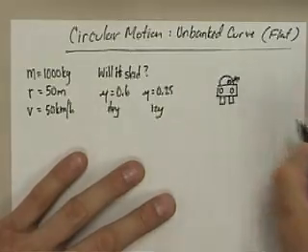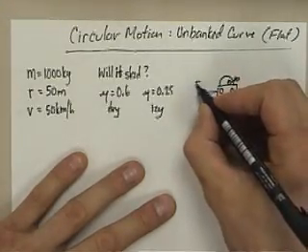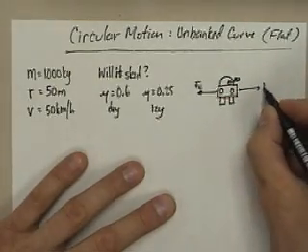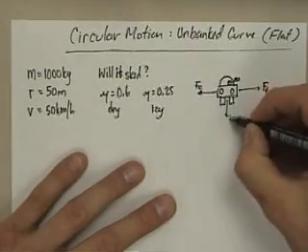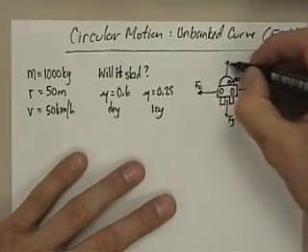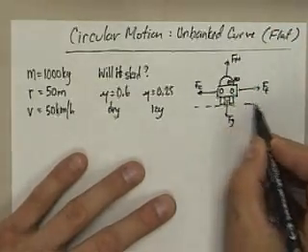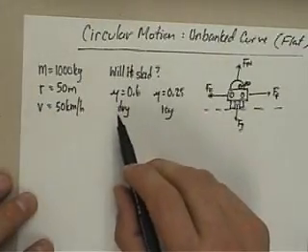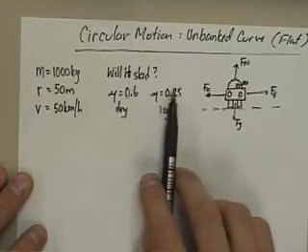The person is going to be turning in a circle, which means they're going to have centripetal force that way, and there'll be a force of friction opposing that way. You'll also have a force due to gravity pulling down and a normal force opposing that because of the surface. Okay, so what we're going to do is figure out if this thing is going to skid or not at these two coefficients of friction.